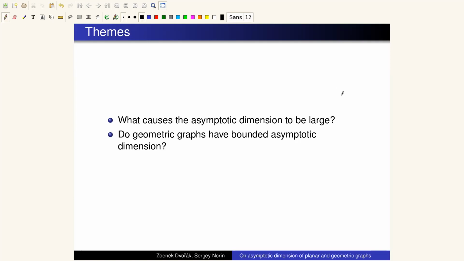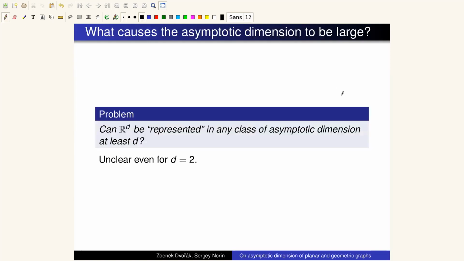Can we get some kind of qualitative answer to this question? And the other is whether geometric graphs have bounded asymptotic dimension. You would imagine that this could be the case for a good definition of dimension, and so that's something that you are interested in.